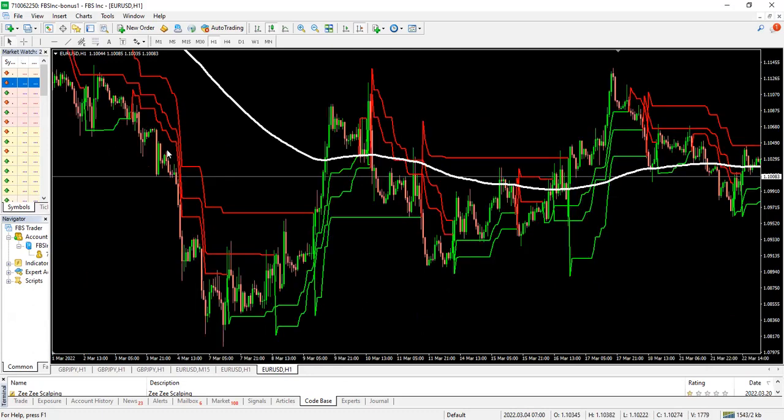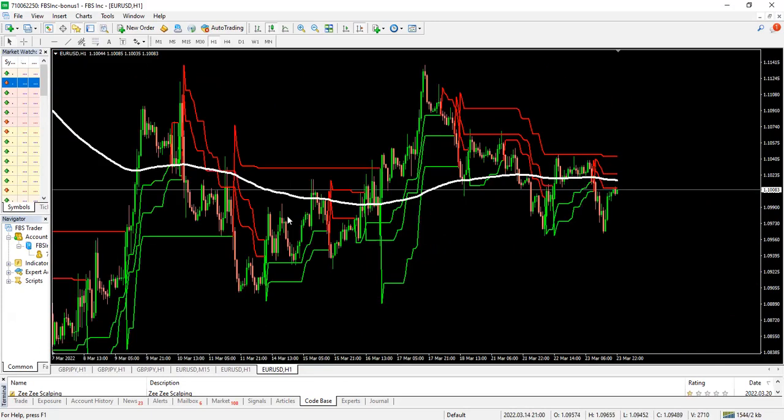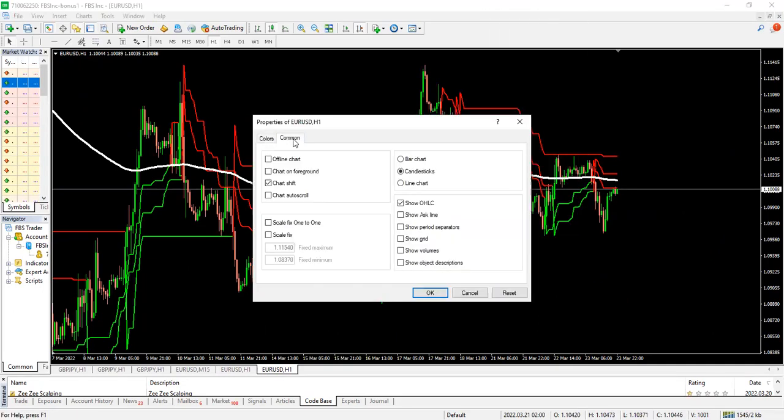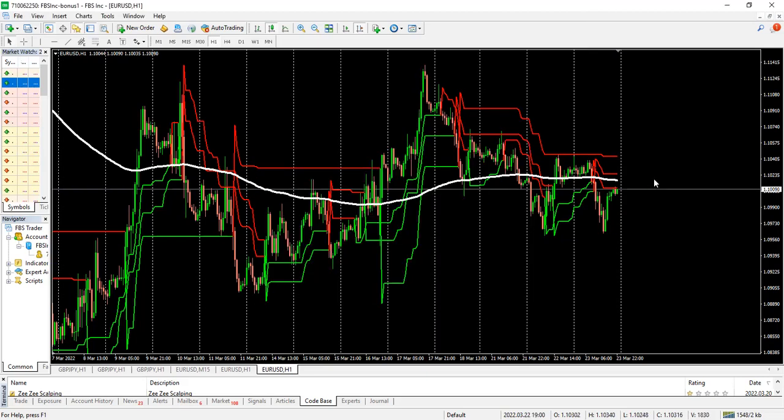So the first thing I look out for, for example in this situation here, is the trade I will have entered. I like to also put separators on my chart so that I'm able to separate every day. From this line to this line is the trade for today, the candlesticks for today.